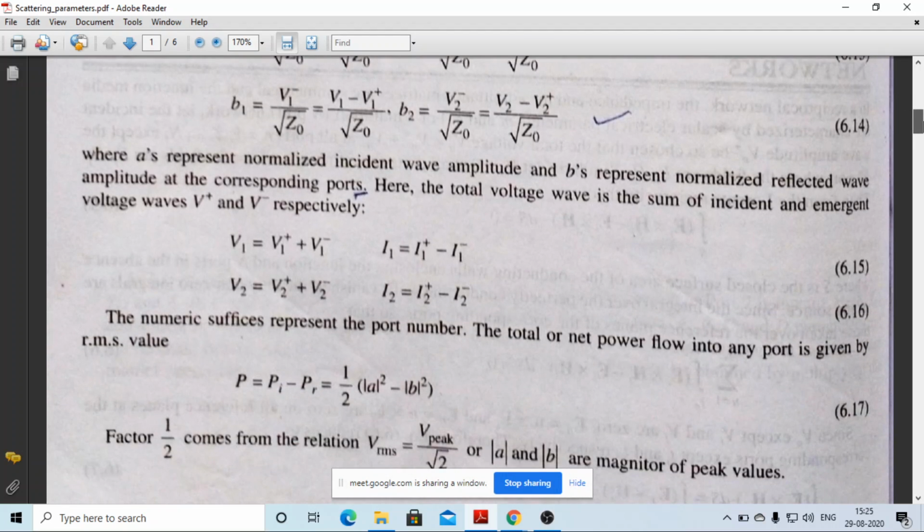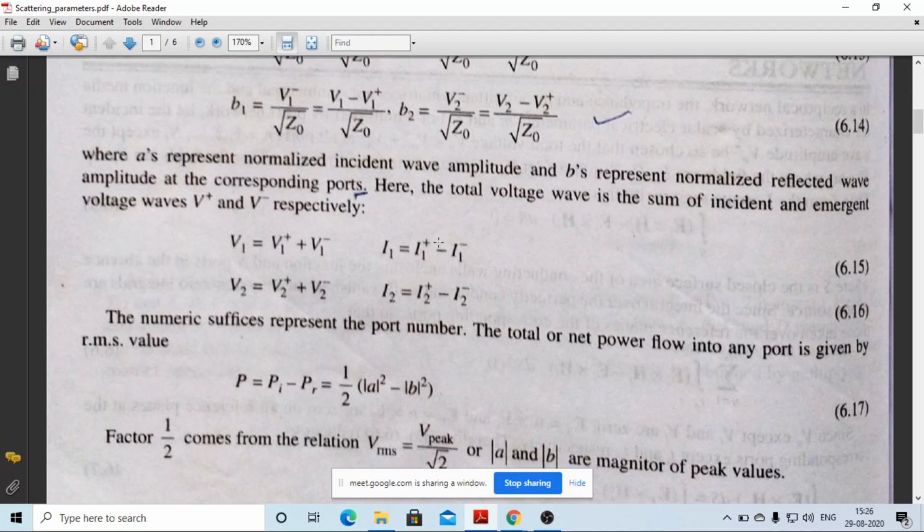When you see the current, it is I1 is equal to I1 plus minus I1 minus. So here there is a minus term, but it is not in the voltage term. Voltage term is a sum and current term is a difference. The reason is that we are taking the voltage at a particular port, which is the algebraic summation.